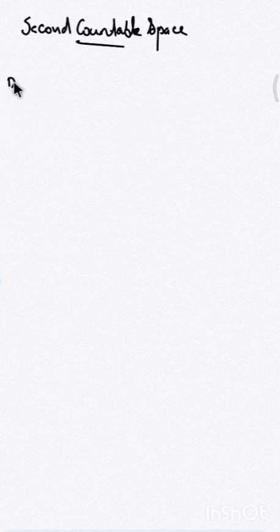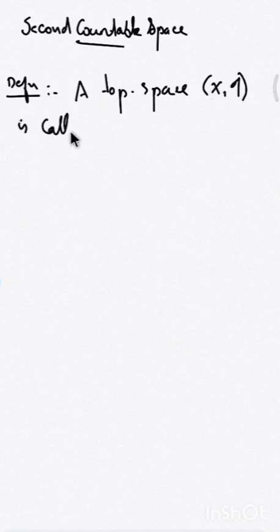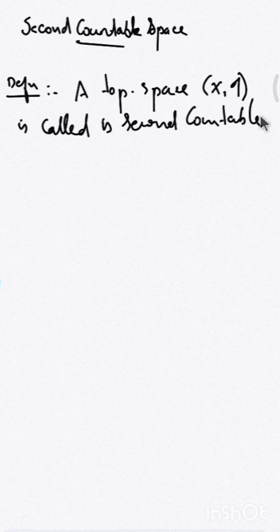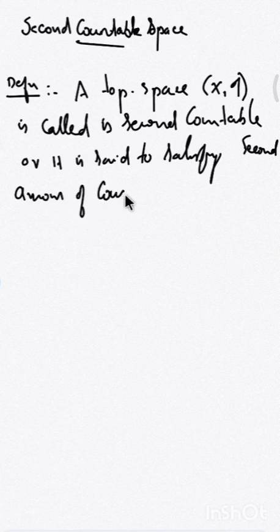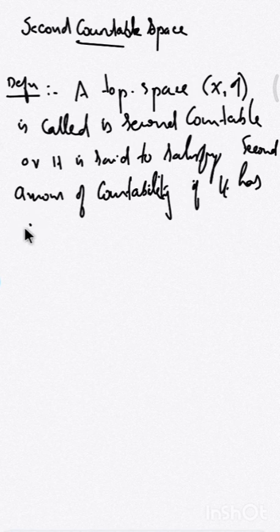Okay, we begin with the definition. A topological space X is called second countable, or is said to satisfy the second countability axiom, or the second axiom of countability, if it has a countable base.